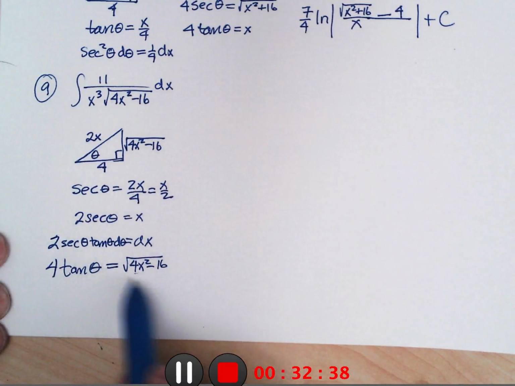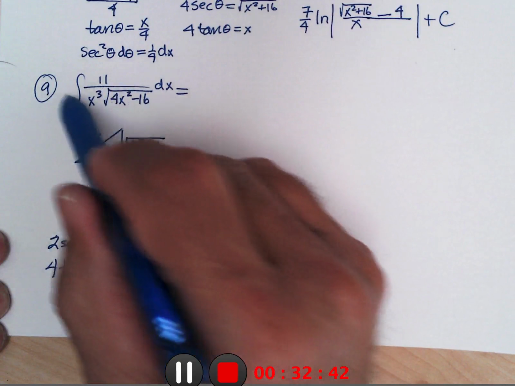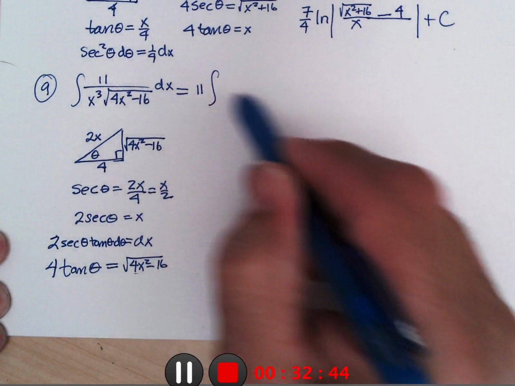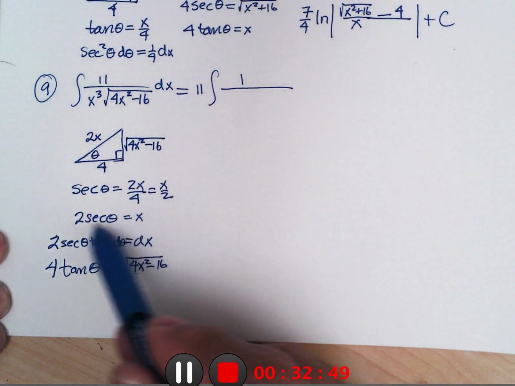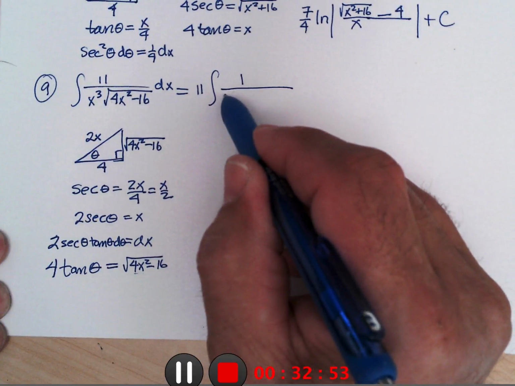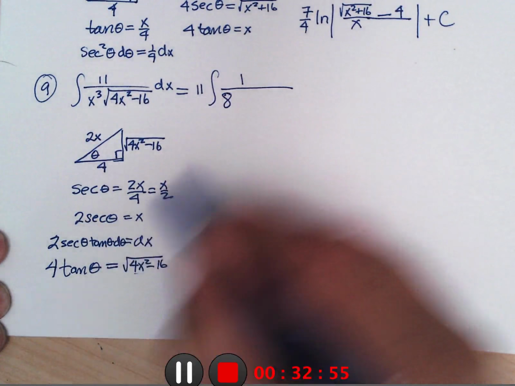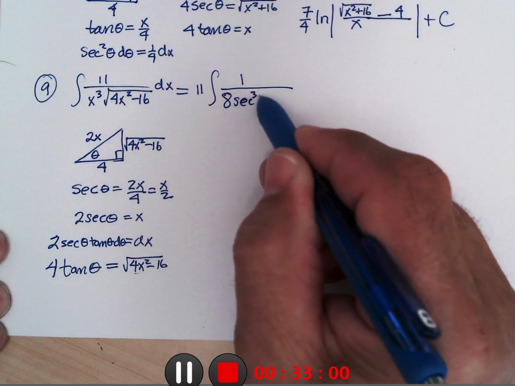So this now becomes 11 pulls out, 1 over x to the third. Let's see, that would be 2 to the third secant to the third theta. That's my x to the third.